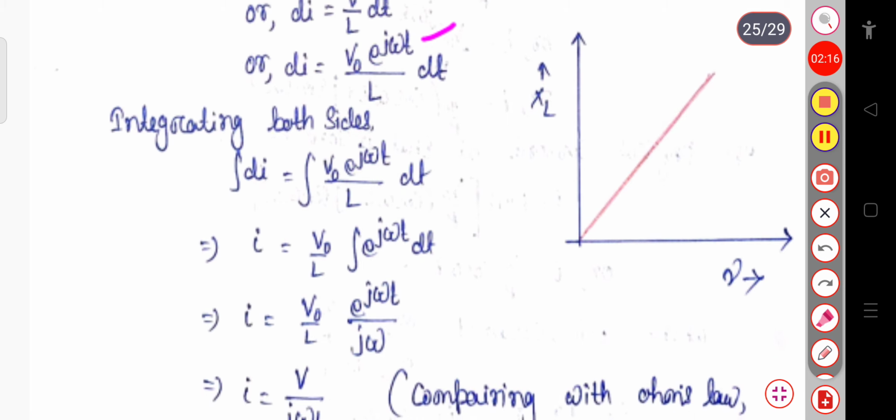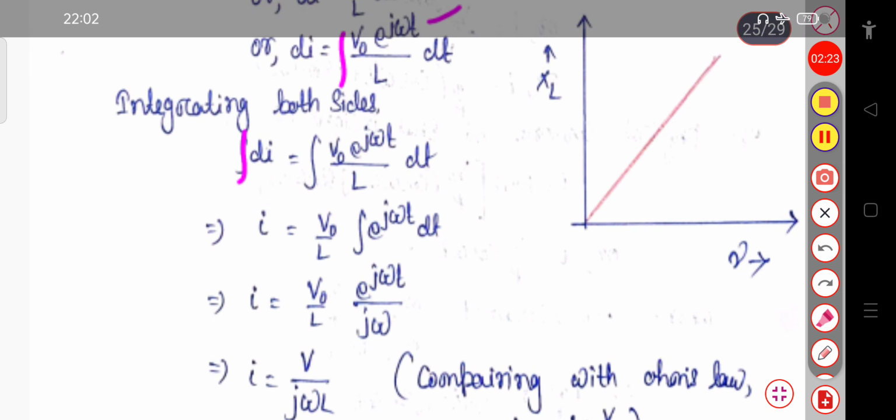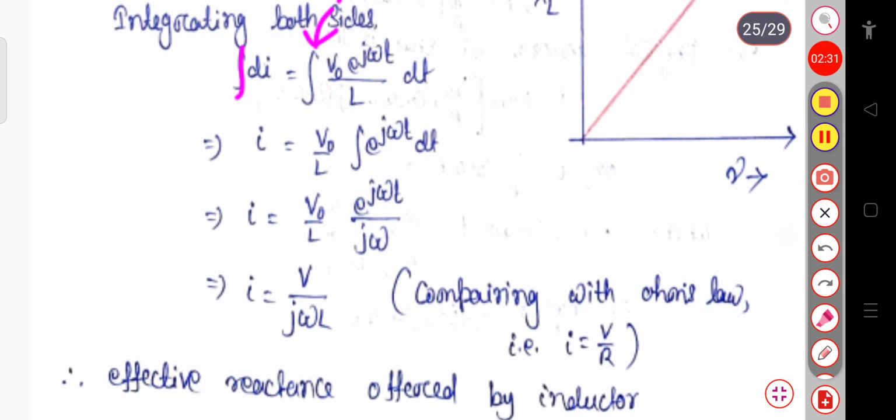Now if I integrate both sides, then the integration over di is equal to the integration over V naught exponential j omega t divided by L into dt. Or simply the integration over di is equal to i, and V naught by L is constant, taken outside of the integration over exponential j omega t into dt.